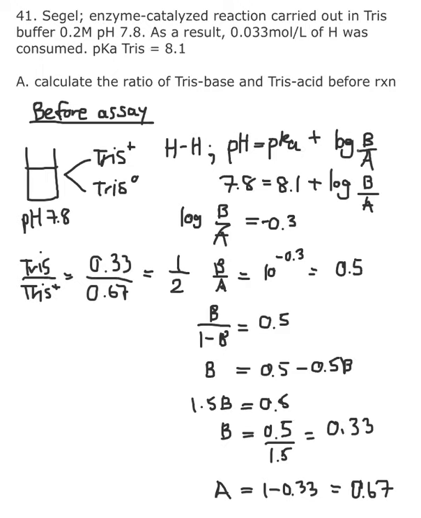What about the concentration of Tris base and Tris acid? You would calculate the concentration of Tris base and Tris acid by using the ratio times the concentration of Tris buffer. So Tris base, you would have 0.33 times 0.2, and Tris acid gets 0.67 times 0.2.